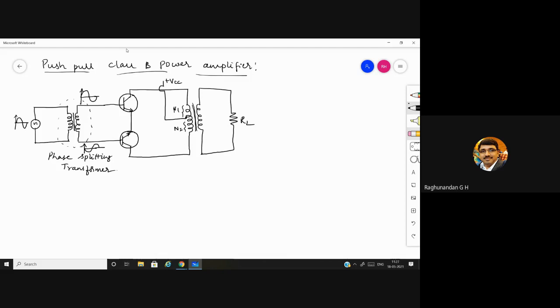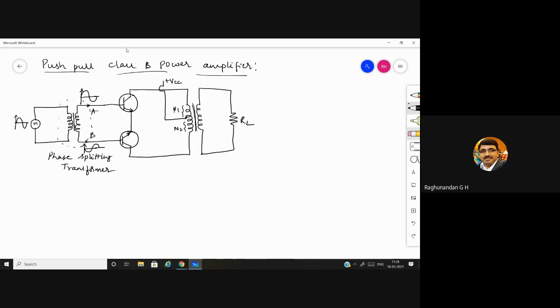So there will be a change in the phase. If this gets positive, this gets negative. If this gets negative, this gets positive. They'll have a 180-degree phase difference between the two ends. If you take this as A and this as B, then at end A you'll have positive, at end B you'll have negative. If at end A you have negative, at end B you'll have positive.